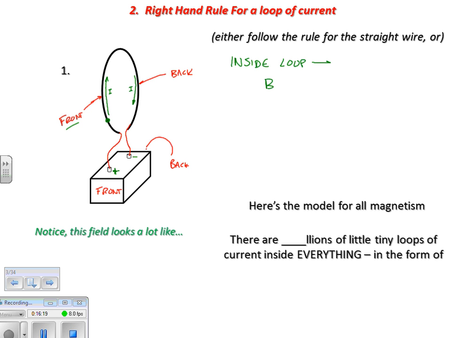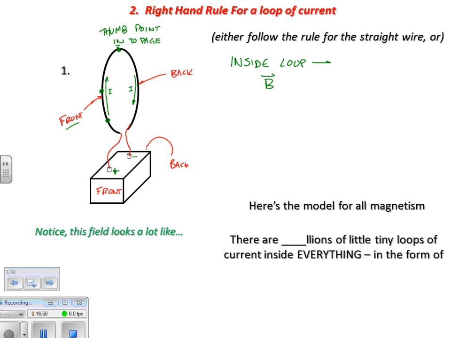All right, if we look, say, right here, again, thumb up, inside the loop, the magnetic field points to the left. If we do it up here, and now this is tough because here, your thumb points really into the page. Right? If you put your thumb into the page and wrap your fingers around that coil, again, inside the loop, B is going to point to the left.